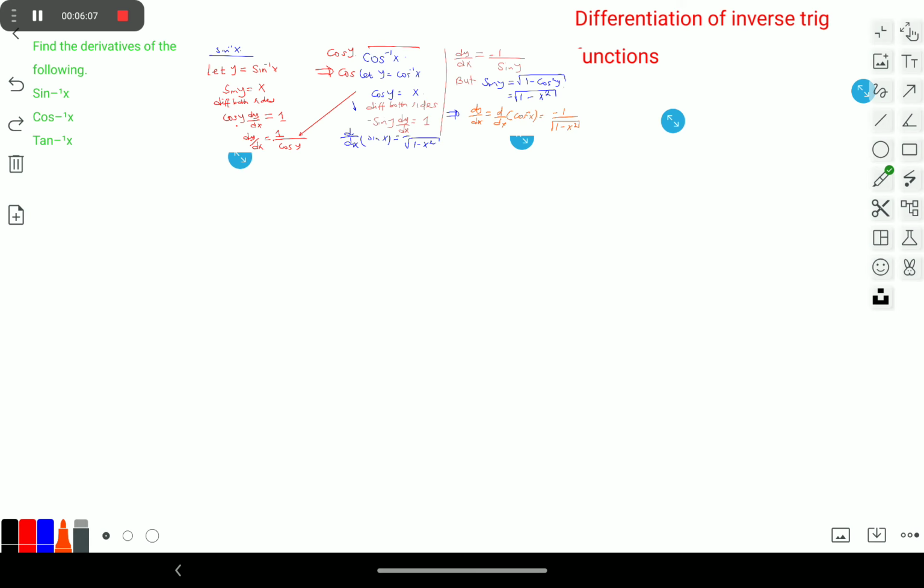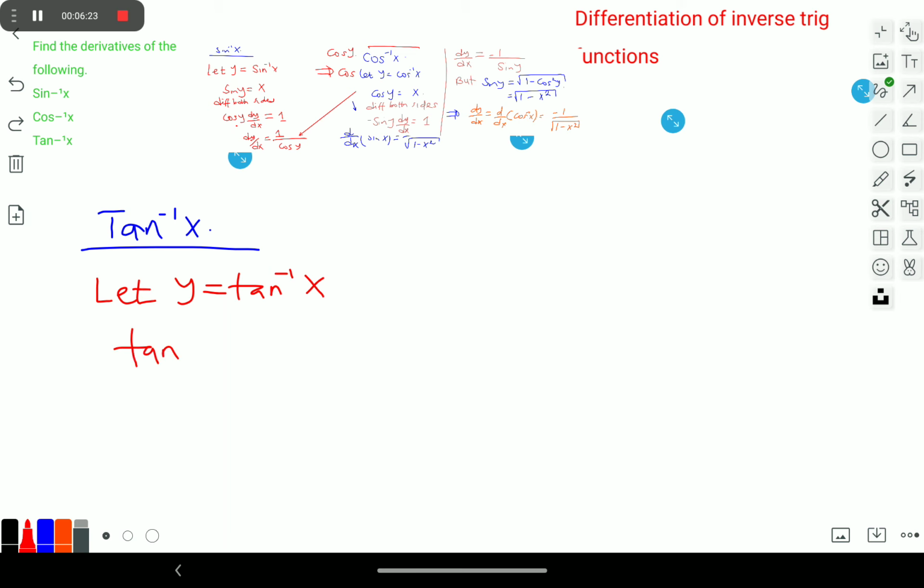Okay. Let us also solve it. Let y be equal to tan inverse of x. It means that at this point tan of y will be equal to x. Now from what we did in the previous questions, we shall just differentiate both sides. If we differentiate tan, we get sec squared.